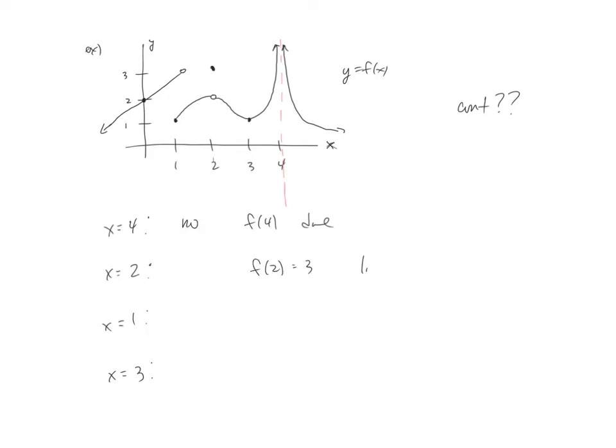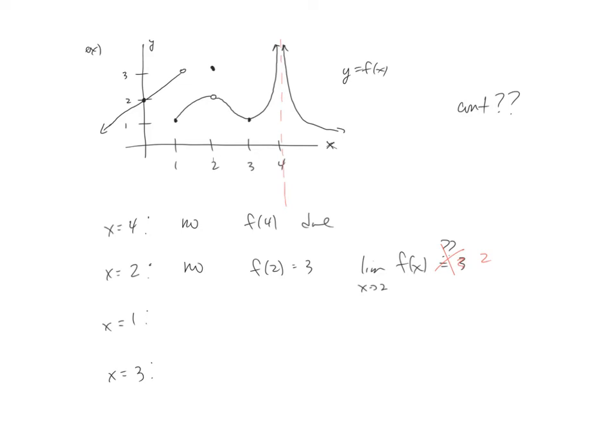For it to be continuous, the limit as x approaches 2 of the function should also equal 3. But does it? No. It looks like the limit as we come in from the left and from the right actually equals 2. Since that's not true, the answer would also be no, not continuous at x equals 2.